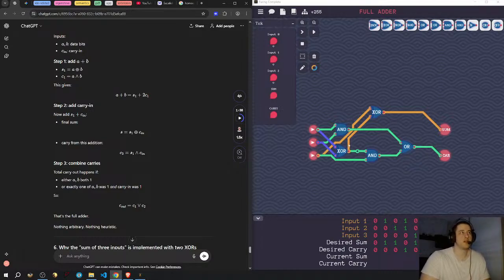But this is the weird part. But I think that that's where the carry gets made. Because if this is 1, then it means that these two inputs were summed. And if this is 1, doesn't it mean that you have another sum between this input and the other two? So this would be 1, and this would be 1, so this would be 0, and then it would carry over here, I think. Yeah, because both of them are 1.